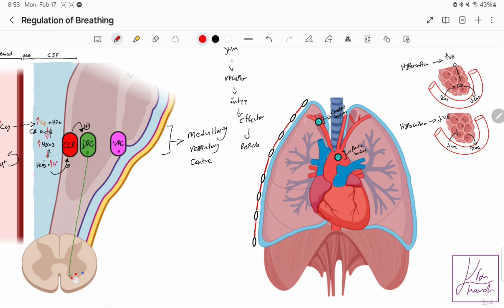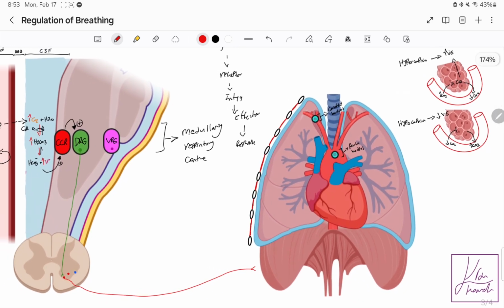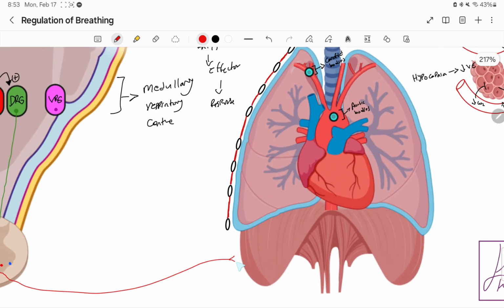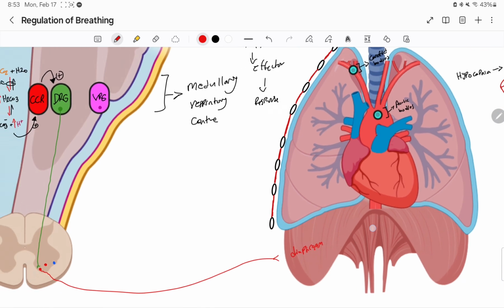They're very special. They come out to your muscles, your skeletal muscles. What kind of skeletal muscles? In this case, it's going to be your diaphragm. You guys know what your diaphragm is responsible for? It is an inspiratory muscle.